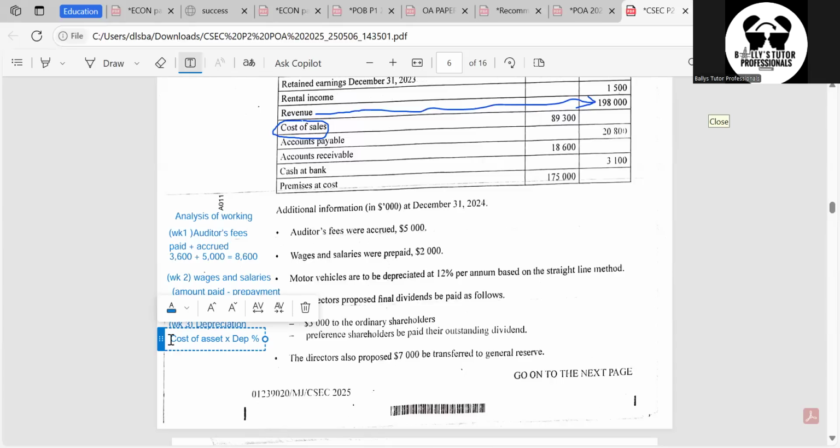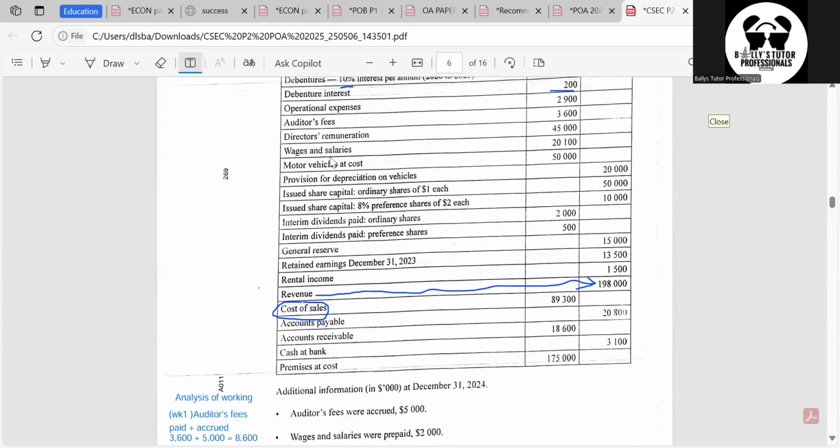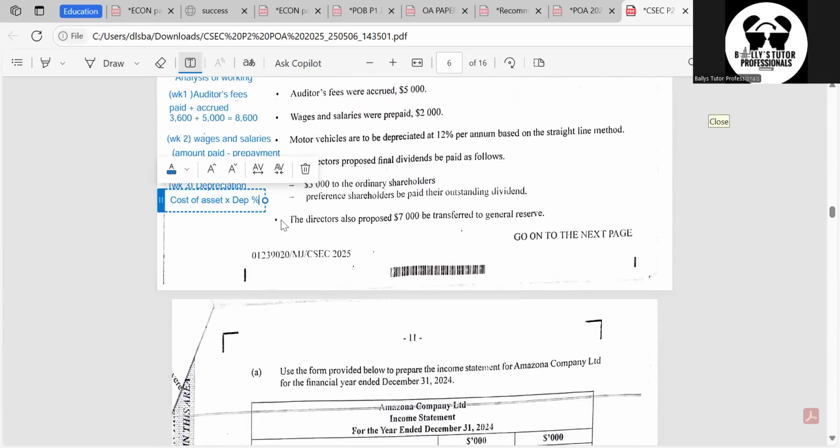So the cost is the motor vehicle, right? The cost of the motor vehicle was 50,000. So we'll take 50,000 and multiply it by 12%. 50,000 by 12% is 6,000.